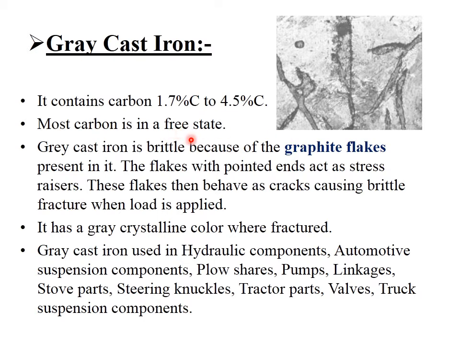It means the carbon in gray cast iron is not chemically reacted with any ferrous component, so it does not form any iron carbide. Most of the carbon is in a free state in the form of these graphite flakes.